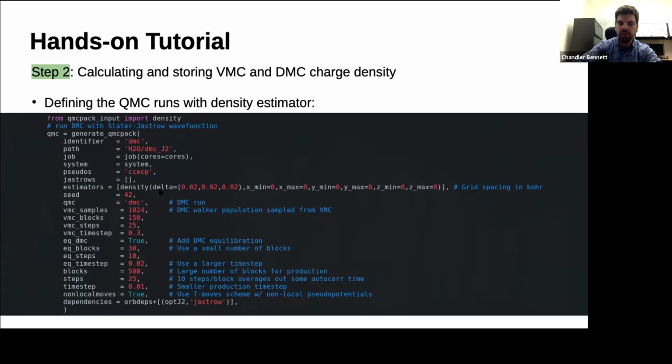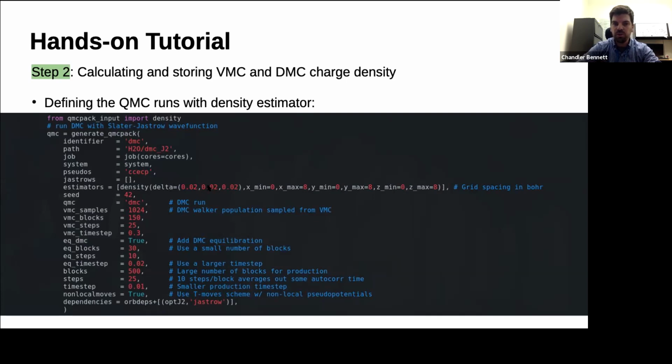And within the density function, I specify a few parameters. So let me cover these first. These xmin, xmax, ymin, ymax, and so on define the boundaries of the box that we want to calculate the density in. And then we can also provide this delta, which is in relative units to your box, for each x, y, and z direction.